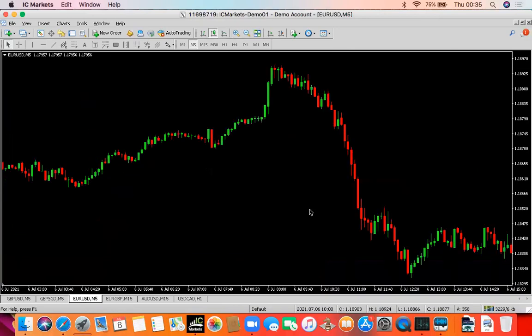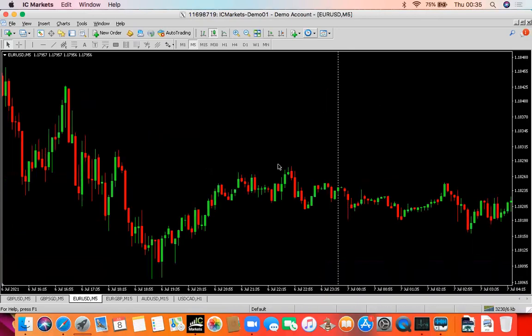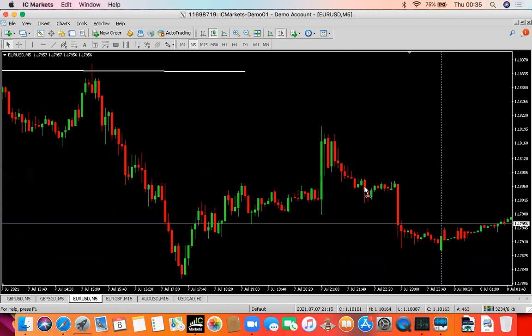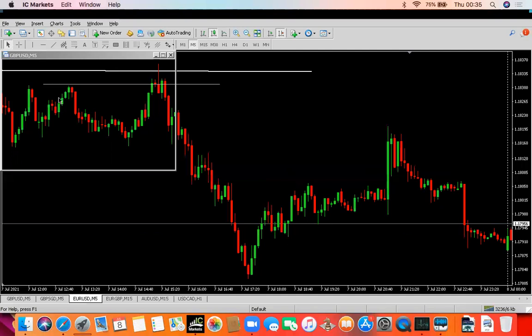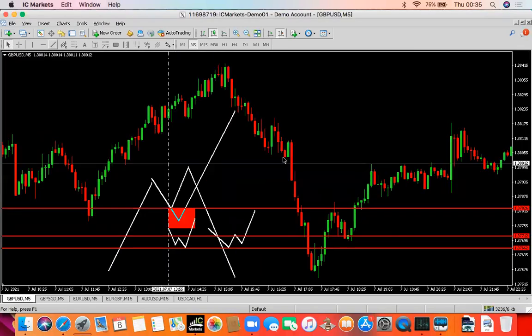Okay, let me show you this. Remember I was telling you about GBPUSD this afternoon, right? So there was a pullback, but there wasn't here. So you could see this pullback here at this level and then it shot down.